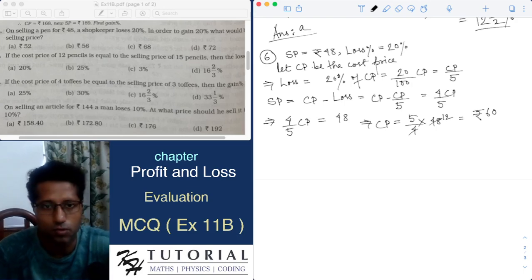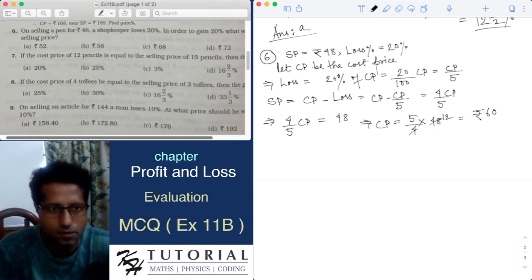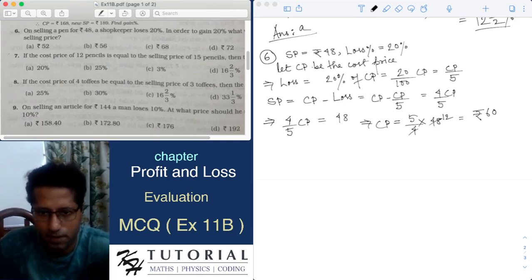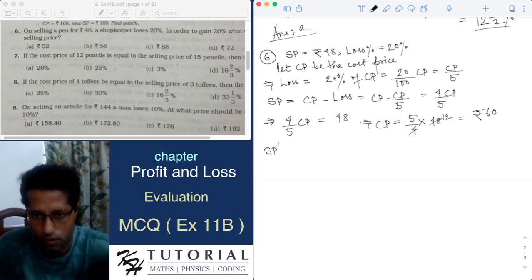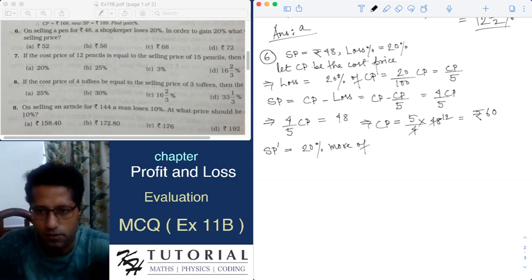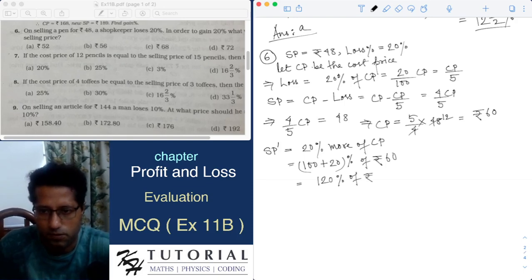Now it is saying that in order to gain 20%, what would be the selling price? If the new selling price is SP dash, and there is a gain of 20%, SP dash will be 20% more of CP, where CP is rupees 60. So this is 100 plus 20%, which is 120% of rupees 60.